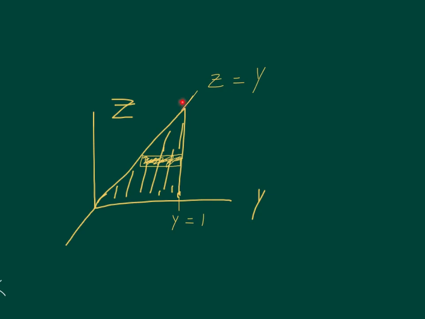How do I know that this intersection point is z is equal to positive 1? If you look at this line here, it has an equation of y is equal to positive 1. This line here has an equation of z is equal to y. So if y is equal to 1, so must z. So therefore, this point here has a z value of positive 1. So z ranges from 0 to positive 1.